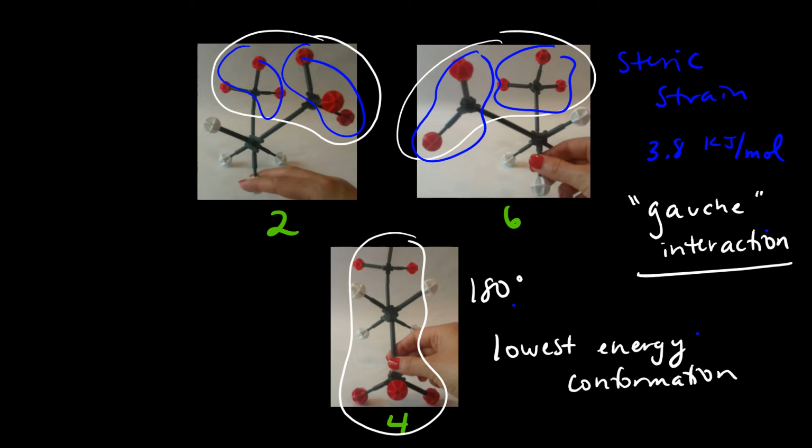And this conformation is called the anti-conformation. And so within the staggered conformations, we have 2 what we call gauche conformations and 1 anti-conformation.